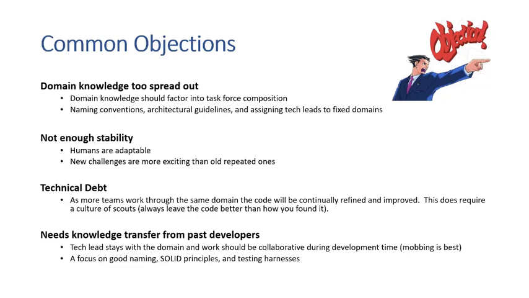Clean code, good naming, SOLID principles, and having a testing harness around it to ensure that if anybody starts to tinker with the code and modify it in some way, the tests will break on them and they will be able to identify what they broke when they made that change. Those types of practices negate those challenges of needing someone to come help you understand and reason about the system.